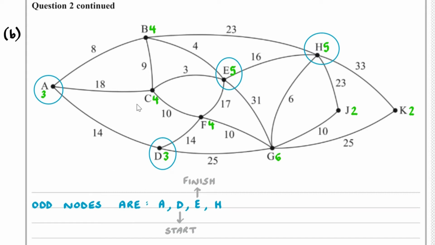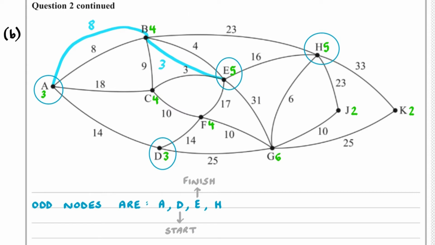So to go from A to H, well, we can go A to B. That has 8 as its weight. And then we can go B to E. That has 3 as its weight.